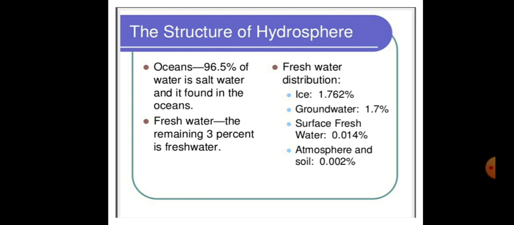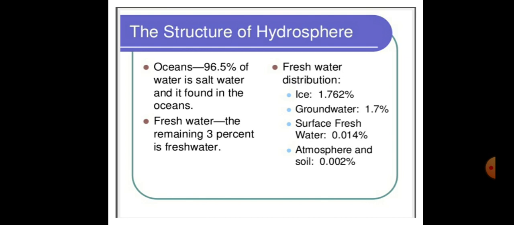The water which we get from the bores and wells. From where do we get the water of the bores and wells? Inside the ground. Surface fresh water. What is surface fresh water? Like ponds and lakes. And atmosphere and soil.